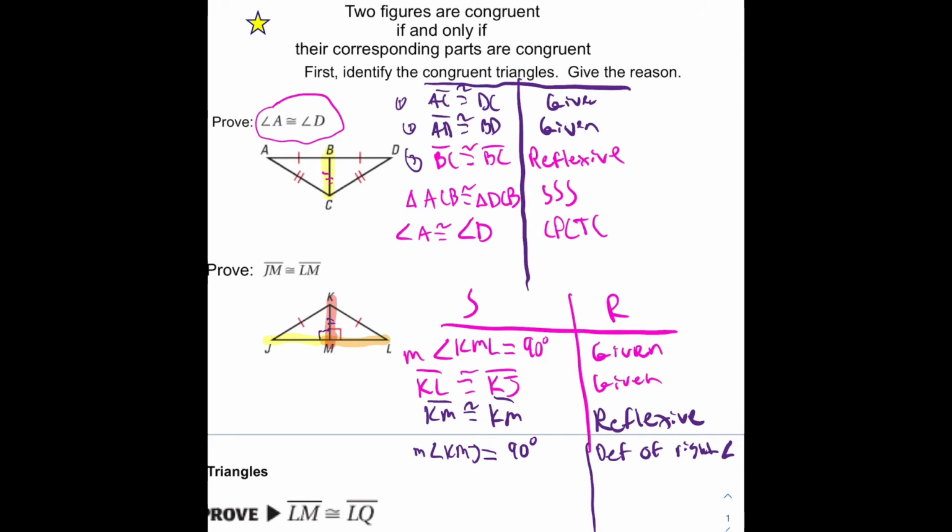And so now I can prove my triangle KMJ is congruent to triangle KML because of the hypotenuse leg theorem. And then I can finish by saying JM is congruent to LM by CPCTC. Corresponding parts of congruent triangles are congruent.